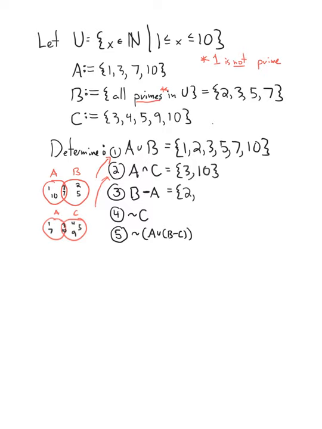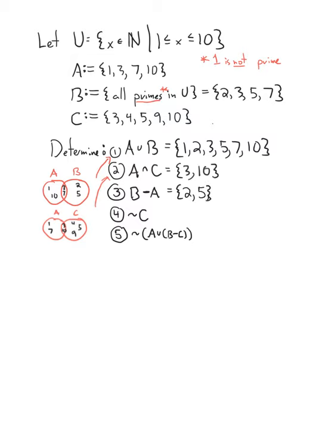Because remember, the set minus means it's in B, but not A. So 3 doesn't belong in our set minus. 5 is in B, but it's not in A, so we're going to include 5. But 7 is in both. 7 is in B and A, so we're not going to include 7. So it's just these two guys.